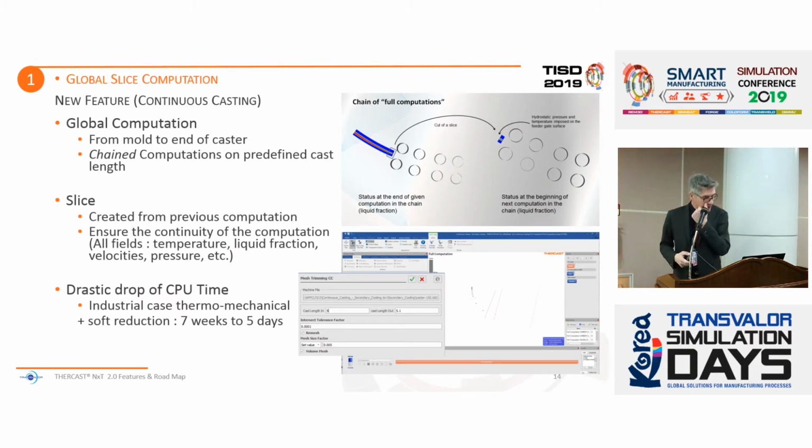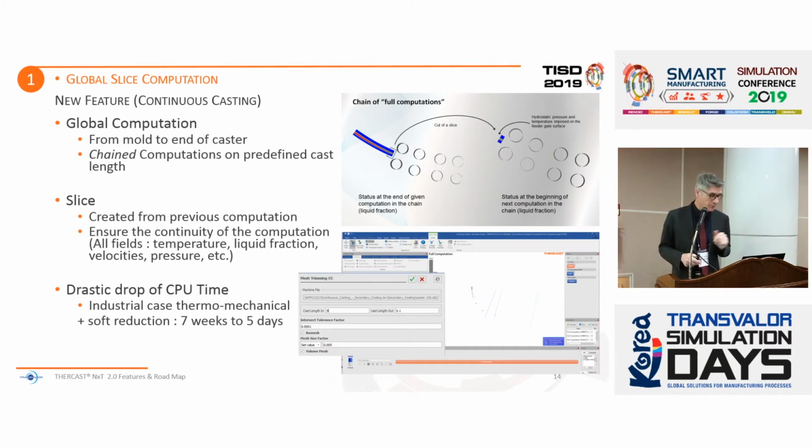Another feature, related to the continuous casting application, is that we have also worked a lot on decreasing the CPU times. For those of you who are familiar with continuous casting computation, you know that if you want to take into account the whole caster, from the top of the ingot to the bottom of the caster, in a thermomechanical application, the CPU time can be quite long.